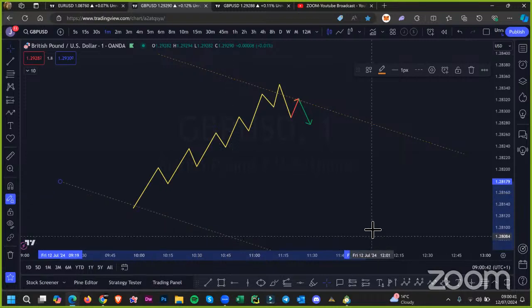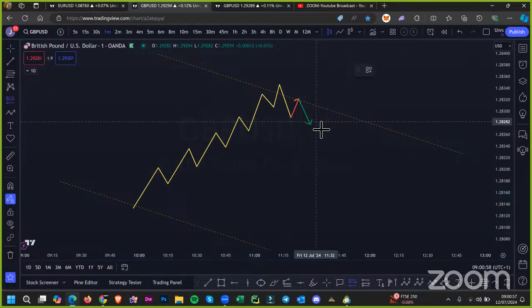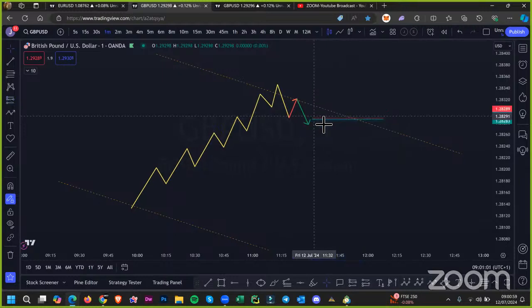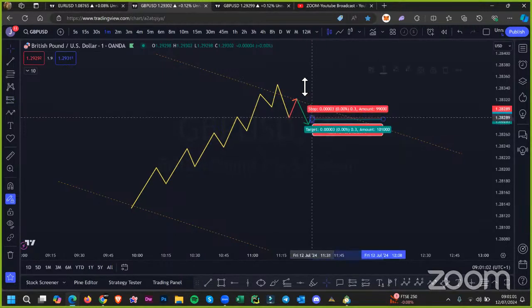There's no point trying to say we're selling this when the higher time frame narrative somehow is that we're in a discount. We want to make sure that we're doing it from this premium. And as a beginner, you can take that trade here when that candle closes, placing your stop above the high.